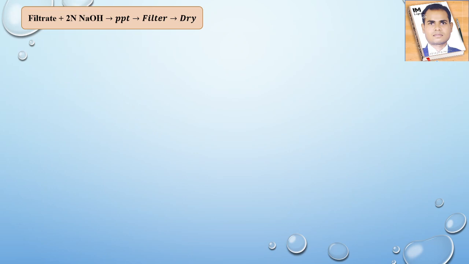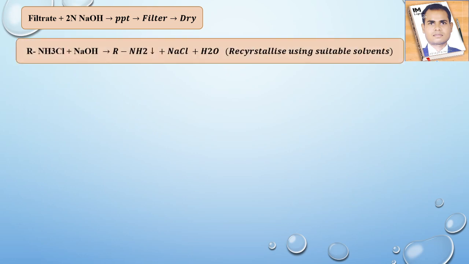Then in that filtrate we add 2 normal NaOH, and we get a precipitate, and again we filter and dry that precipitate. The reaction will be like this: the hydrochloride salt, and we have added NaOH, so you will get the base, and salt, and water.